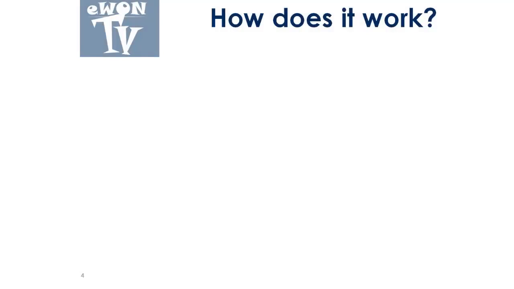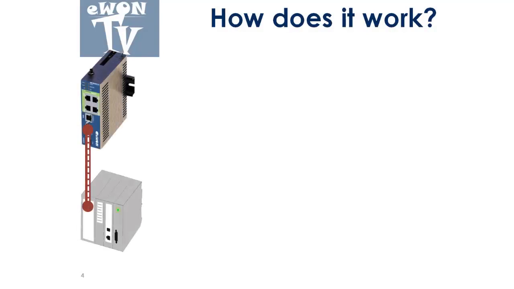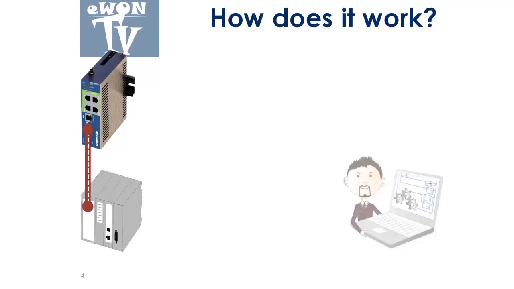Now, let's see an example of how this works. On the left-hand side, we have the EWAN monitoring a machine in the field. On the right-hand side, Andy is in the office, working on his normal tasks. At this point, he has no link with the EWAN.